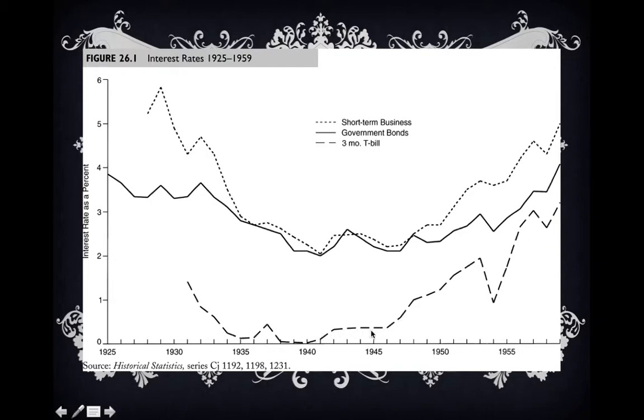So there was some upward pressure on interest rates, particularly the 3-month T-bill. Government bonds, we did see a spike in roughly '42, it looks like, where bond rates increased, but then they moderated down towards the end of the war. But after the war, I want you to realize that interest rates start to move upward in the post-war period.